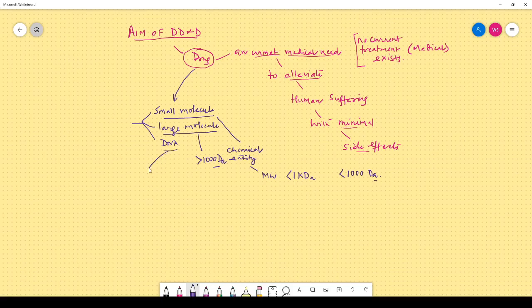So DNA can be used for replacement, or it can be a drug that interferes with the expression of proteins.